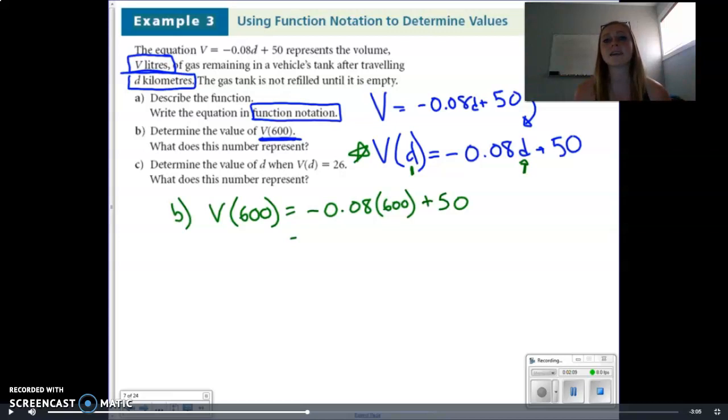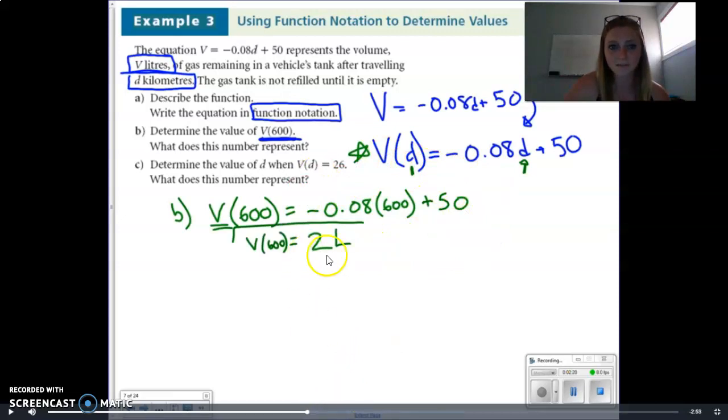If you have gone 600 kilometers, how many liters are going to be left in that vehicle? Let's find out using this equation. So what you do is you sub in 600 anytime that you see D. You put it in on the left-hand side like V of 600 just to show that that's the number that you're solving for. But your actual math is not done until the right-hand side, right here.